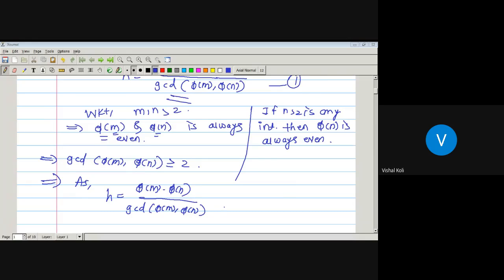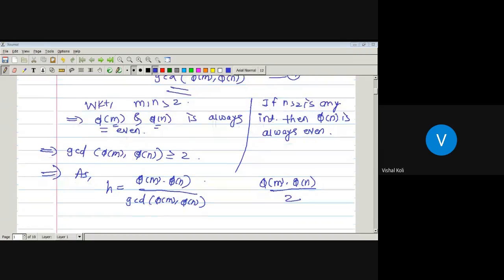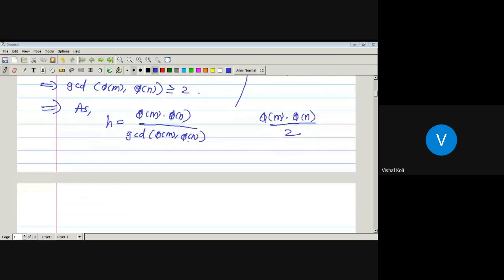Now as GCD of phi of m comma phi of n is greater than or equal to 2, what is the relation between phi of m into phi of n divided by GCD, and phi of m into phi of n divided by 2?